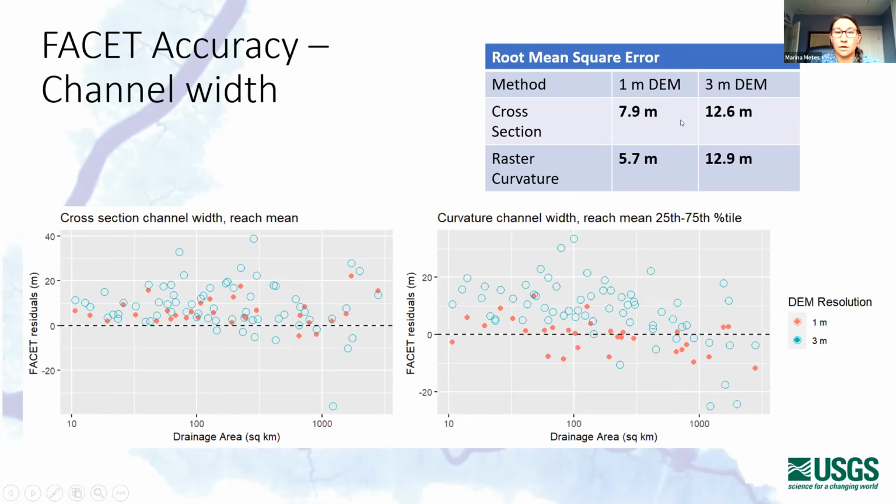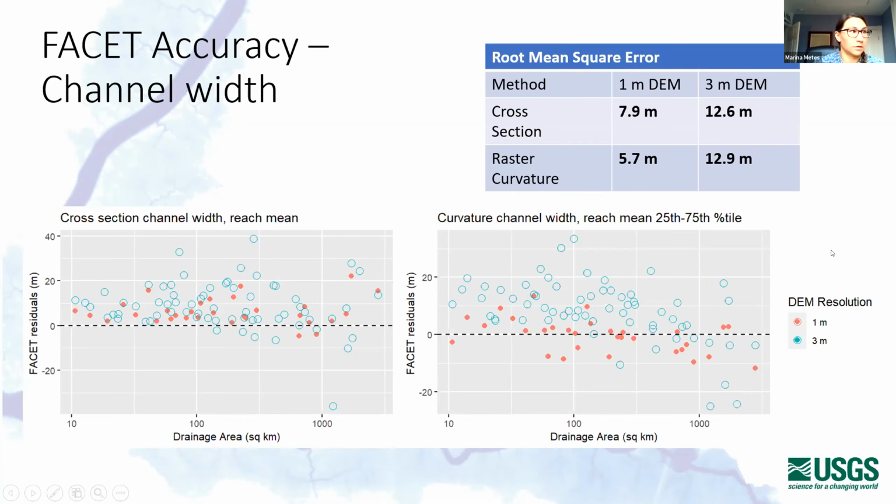And we saw, with 3-meter DEMs, not so much of a difference between the cross-section and raster-based methods, but with a 1-meter DEM, the raster-based method did have a slight improvement.